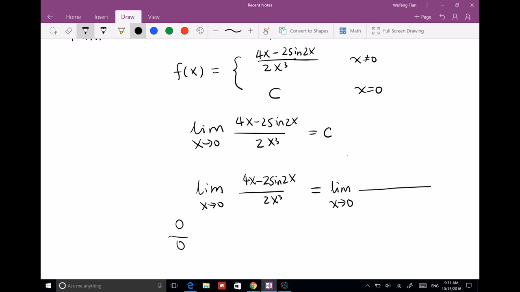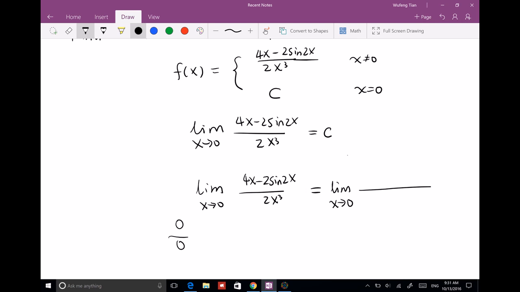I would like to call a student to help me here with the derivative. Luke, can you help me with the derivative here? Well, you can start out by separating the 4x and the 2 sine 2x into separate fractions.